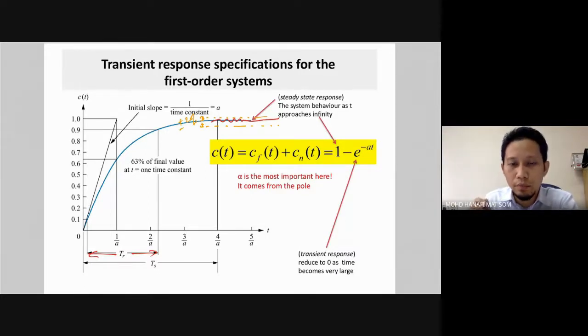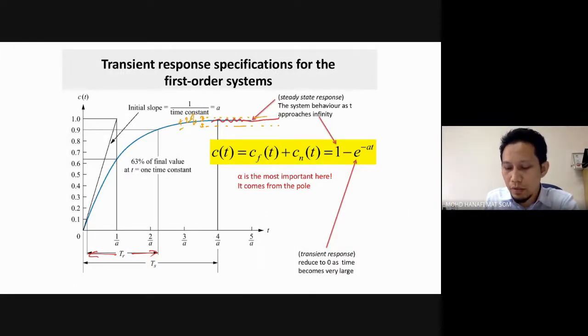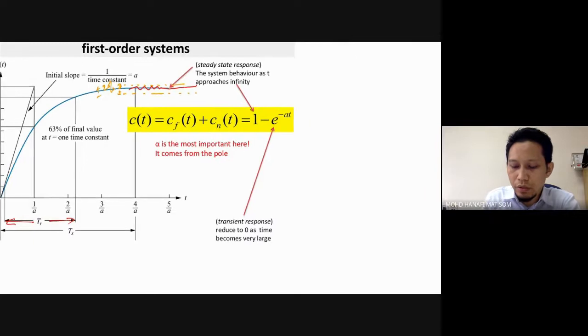The time constant is defined as the time taken for it to decrease to 37% of its initial value. So here is actually when we want to find it.